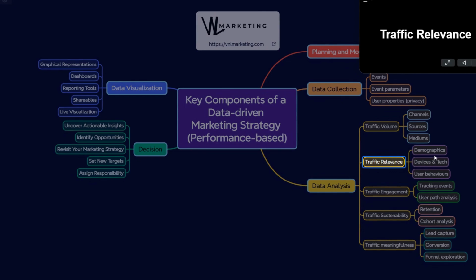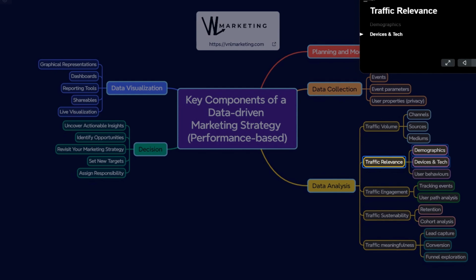So this has to do with the demographics of your site visitors, their age, their region, their country, sometimes their states, and of course their devices and the tech. You may want to target people who are using mobile rather than people who are using PC. You may want to target more Android users rather than iPhone users.